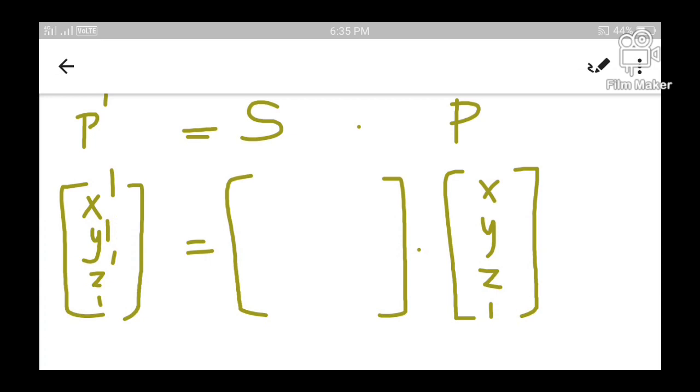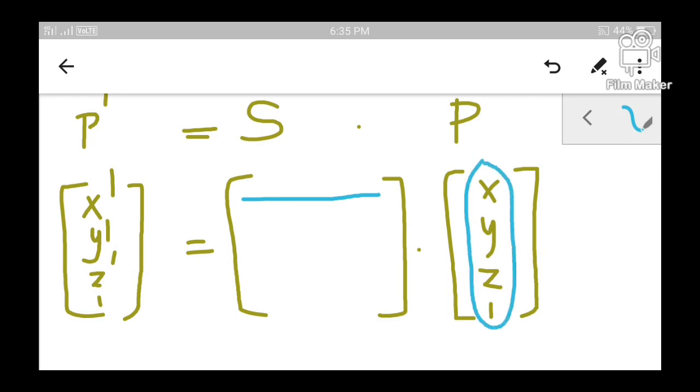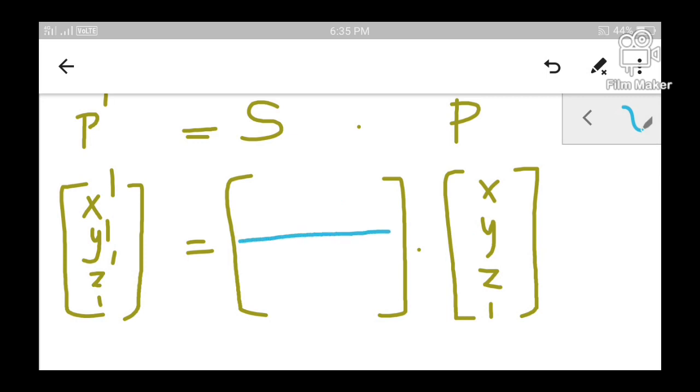Remember, to get the value of X dash, the first row of matrix S should be multiplied to the column matrix P. I repeat, the first row of matrix S should be multiplied to the column matrix P to get the value of X dash. Similarly, the second row of matrix S should be multiplied to the column matrix P to get the value of Y dash.